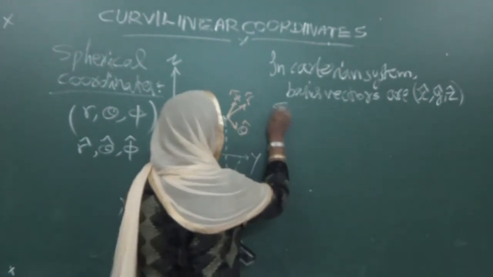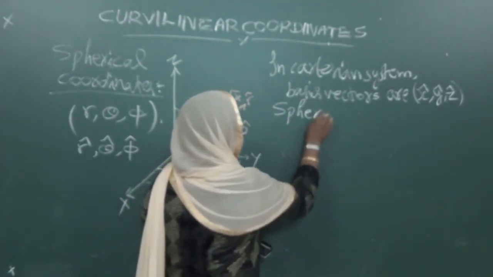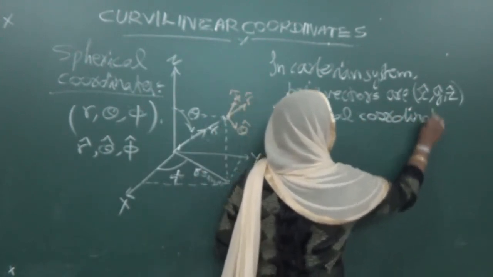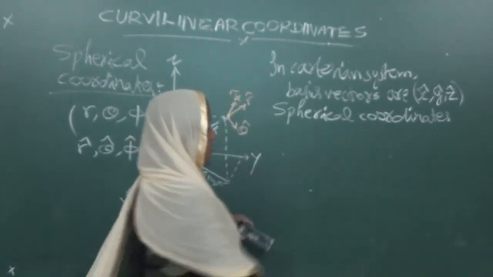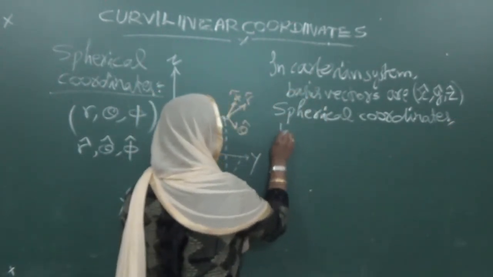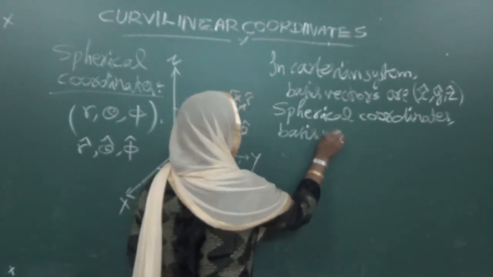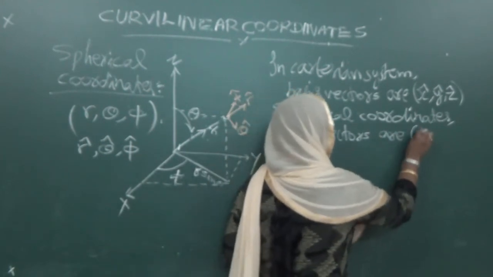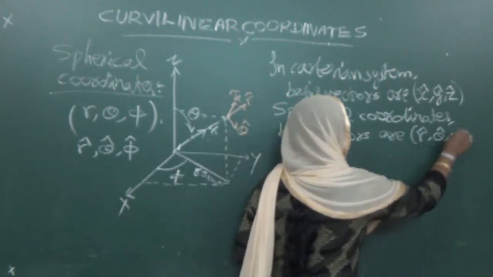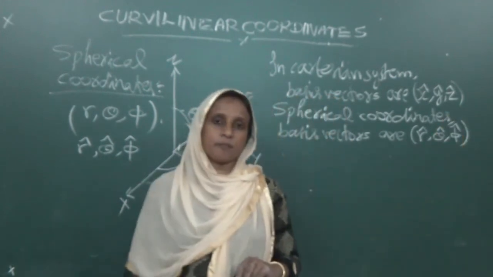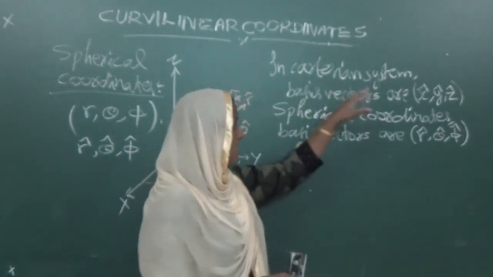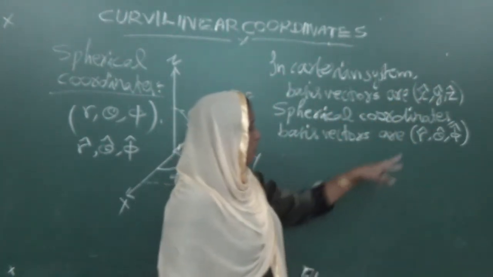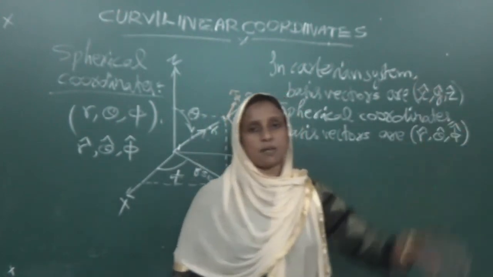Similarly, in spherical coordinates, the basis vectors are r cap, theta cap and phi cap. Okay? If it is in Cartesian system, x cap, y cap and z cap. If it is in spherical system, it is r cap, theta cap and phi cap.